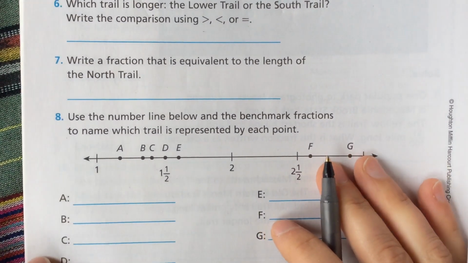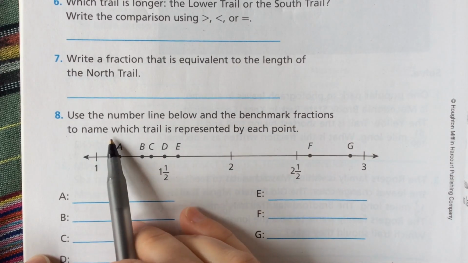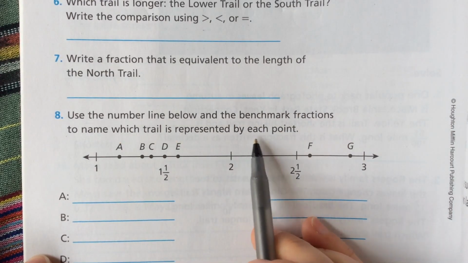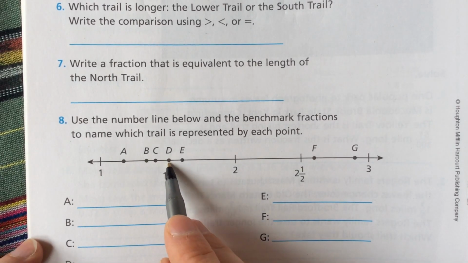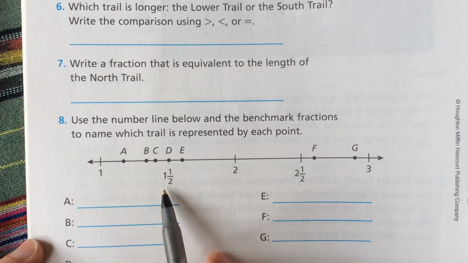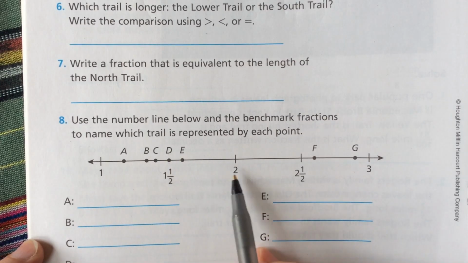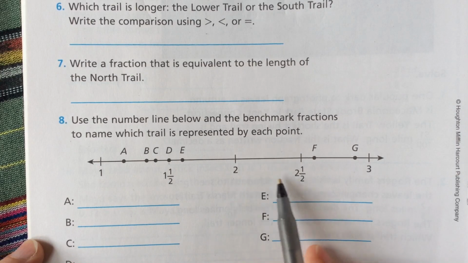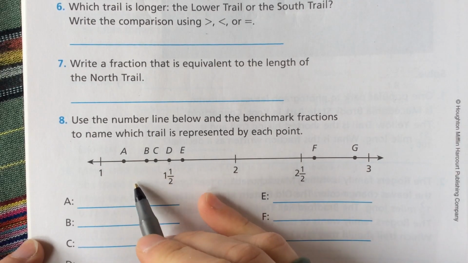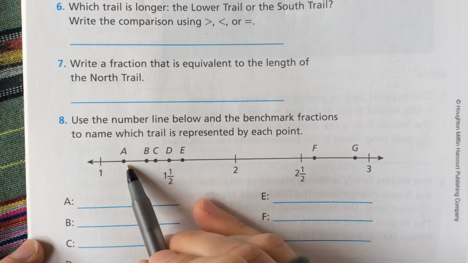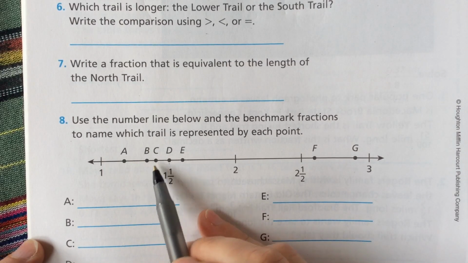And for number 8, you're going to use the number line below and the benchmark fractions to name which trail is represented by each point. So you need to be naming this. So if you can see here, this is 1.5. This is 1, this is 2, this is 2.5, this is 3. So what would this one be then? And this one, and this one.